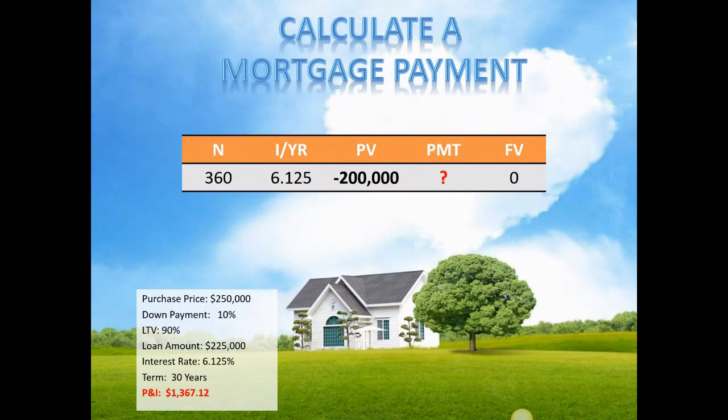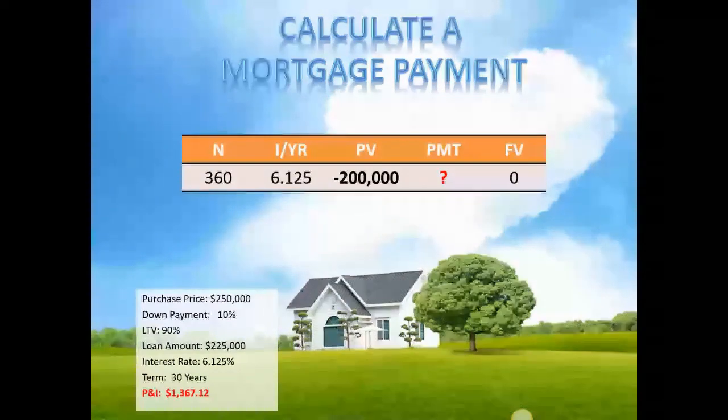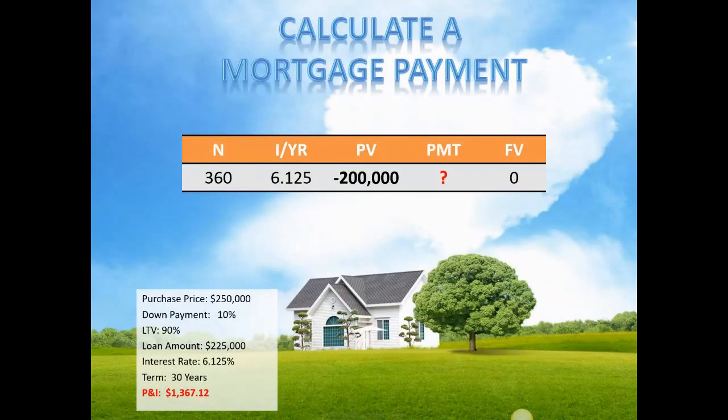Well, all we've got to do, since we already have 360 under the N, we've already got 6.125 under the I, all we've got to do is change the 225,000 to 200,000 and calculate it, and we can see that that payment is $1,215 versus the $1,367 that they would have had to pay. So putting down the extra $25,000 saves them about $150 a month.